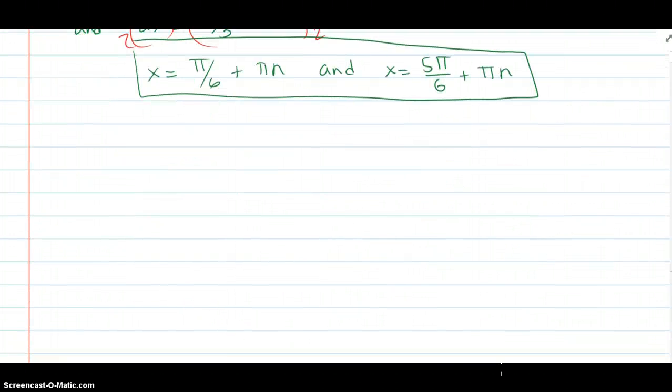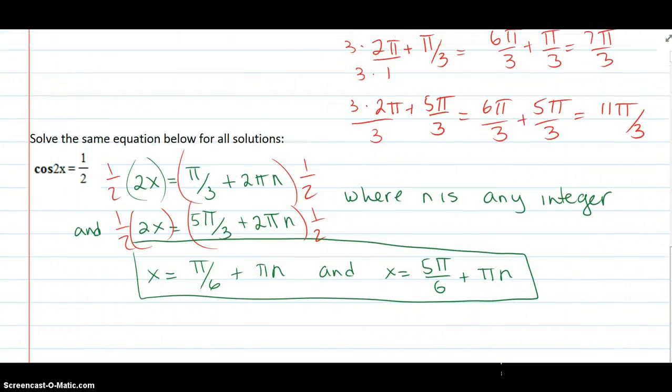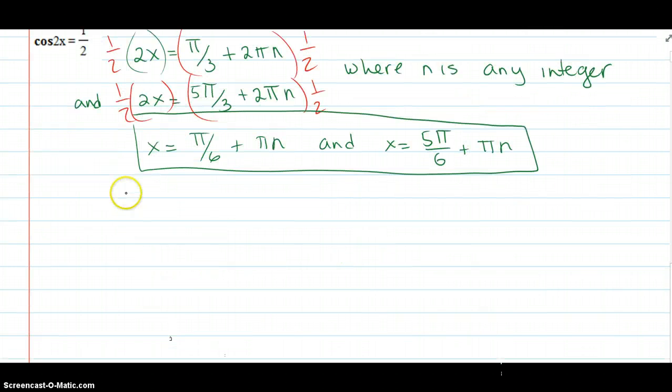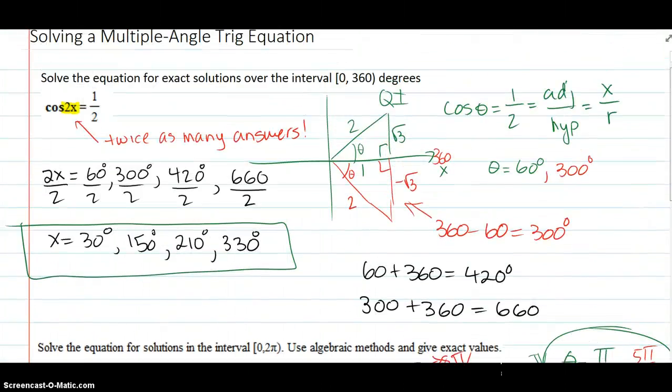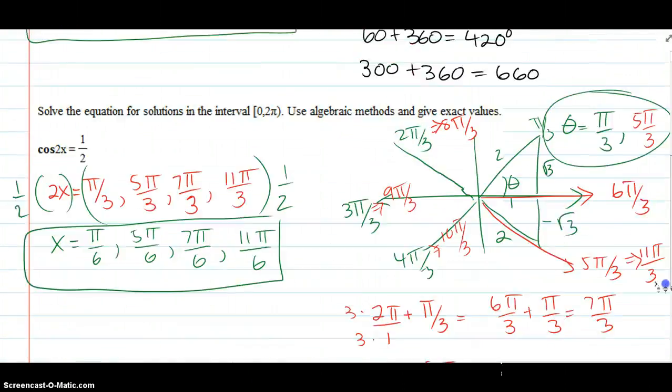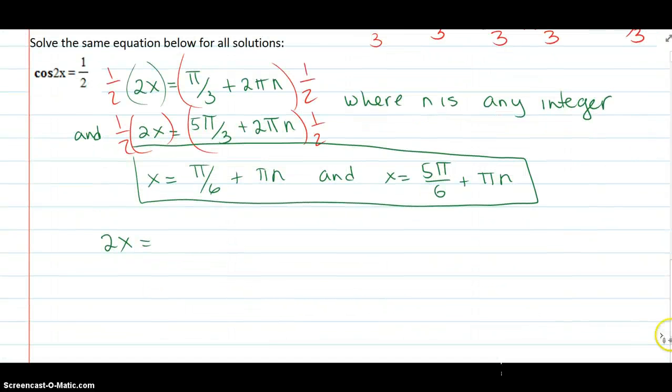If you wanted it in degrees, let's start over. 2x, remember, was either the original, let's go back to the original. What was it? Either 60 or 300. So we know that 2x is 60, and 2x equals 300.